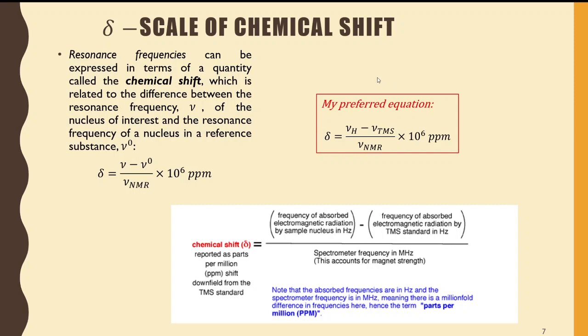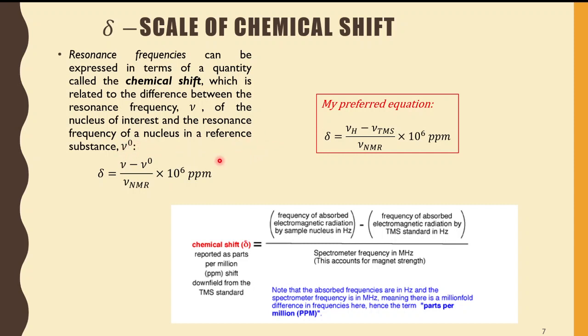The main equation I want you to focus on is this, and please remember this equation. The resonant frequencies can be expressed in terms of a quantity called the chemical shift, which is related to the difference between the resonance frequency of the nucleus of interest and the resonance frequency of a nucleus in a reference substance.